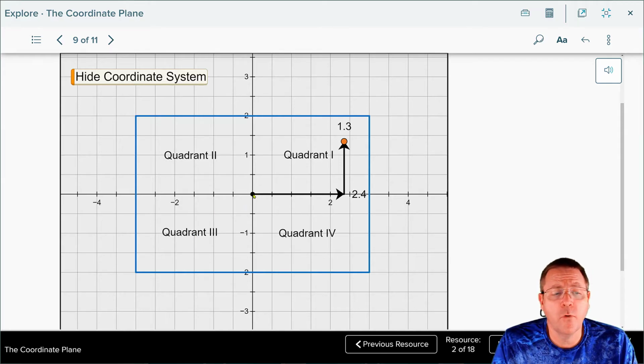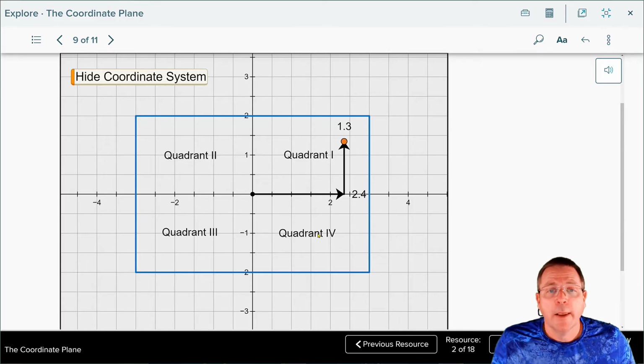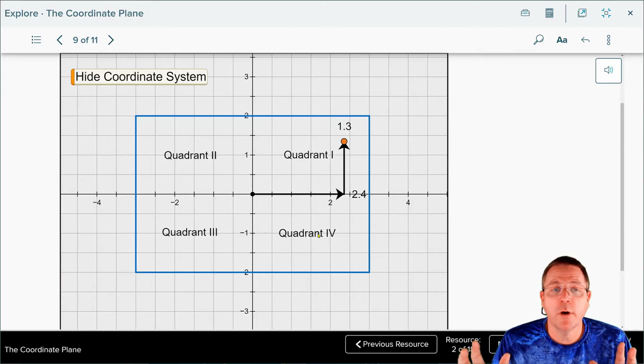And in quadrant 4, our x values are going to be positive, meanwhile our y values are going to be negative to land you in quadrant 4. If you know those rules, for example, positive and positive is quadrant 1, negative and positive is quadrant 2, you can tell me where the point is going to land without even knowing what numbers the point represents.